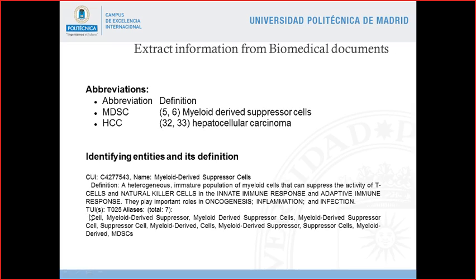Also, you have other identifiers like TUI, and aliases are the ways that it can be related. For example, instead of myeloid-derived suppressor cell, it may appear as myeloid-derived suppressor or myeloid-derived suppressor cells, etc. These are the ways that this name could appear in the biomedical domain.